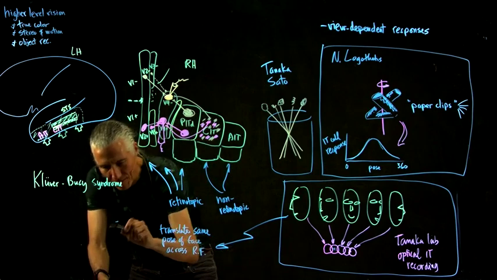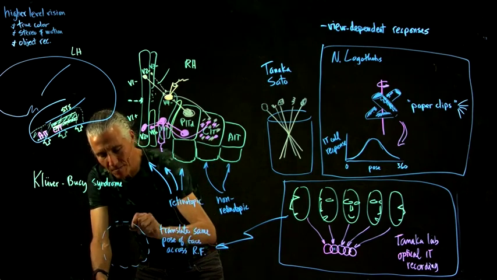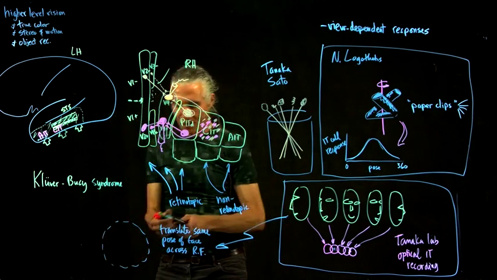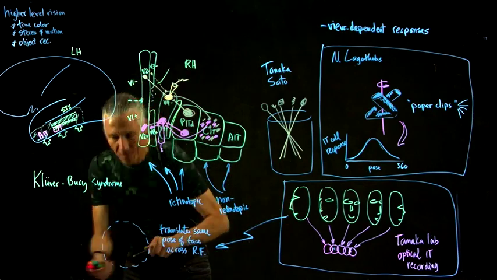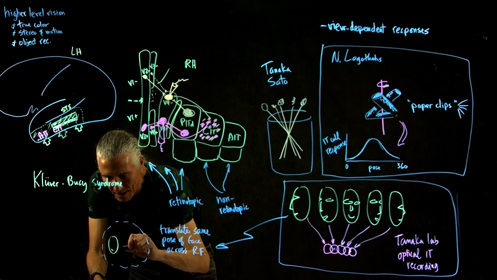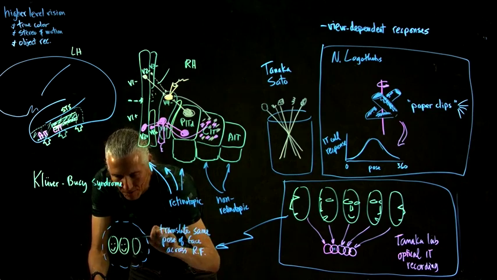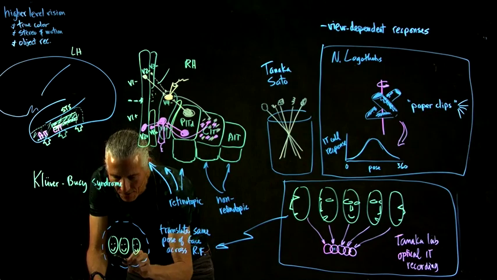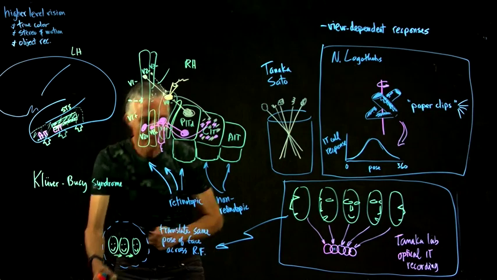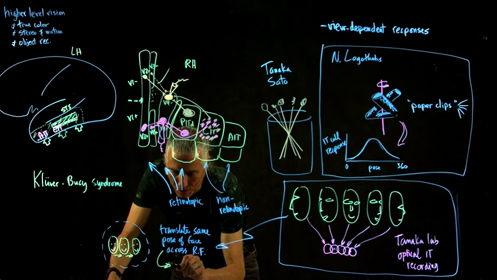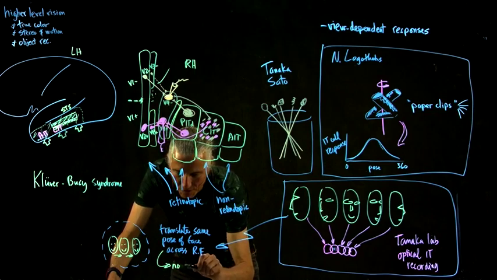So if you've got the receptive field here like this, you could take a frontal face and just move it across the receptive field. In that case, no response difference.